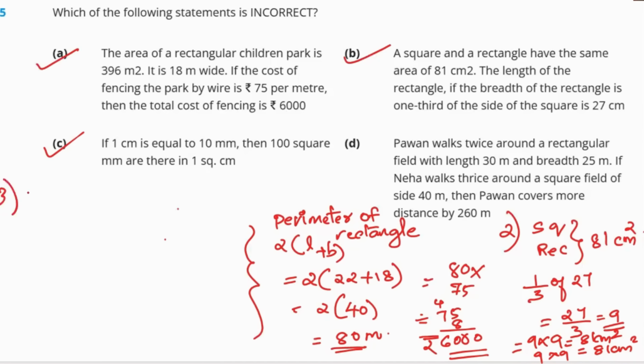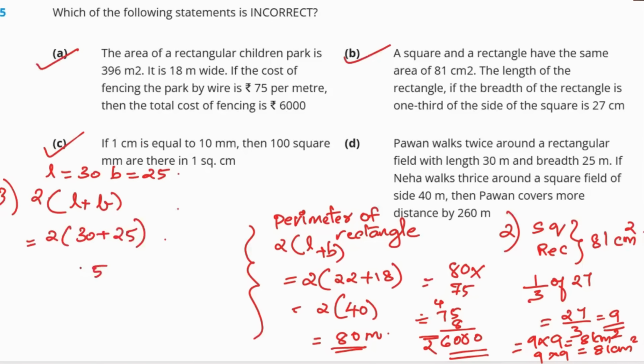Here Pawan walks twice around a rectangular field of length 30 and breadth 25. So first we will find out the perimeter in this case. Length is equal to 30 and breadth is equal to 25. So perimeter of rectangular field is 2 into L plus B, which is equal to 2 into 30 plus 25.